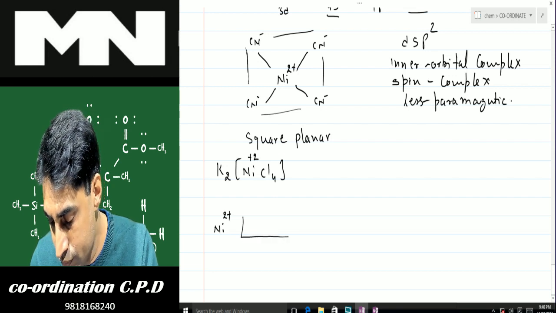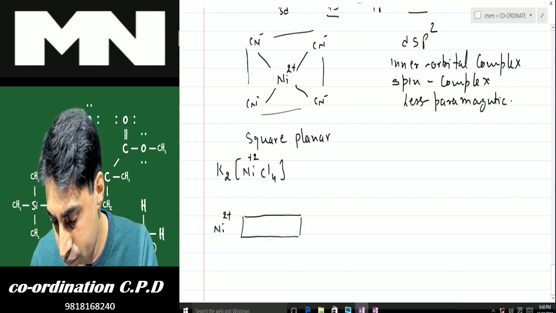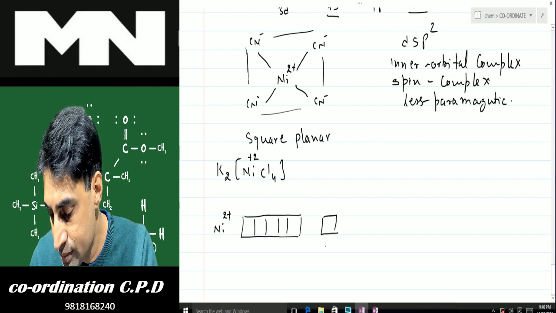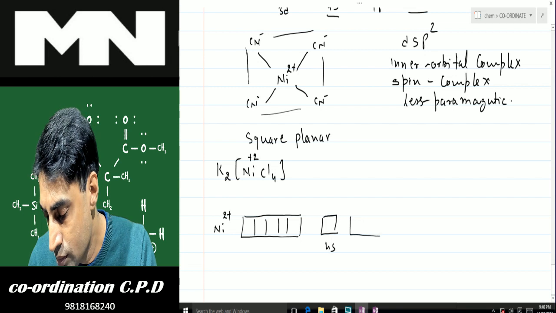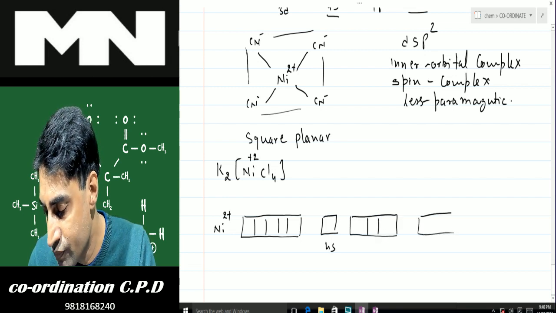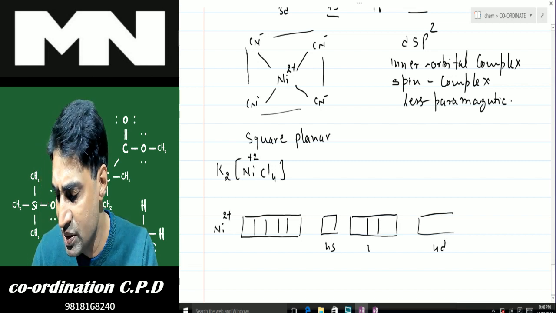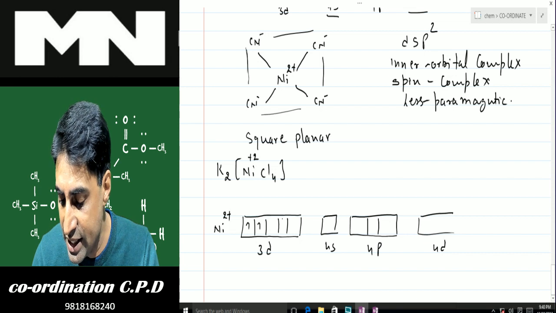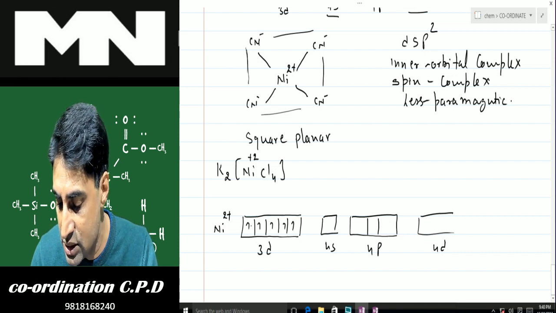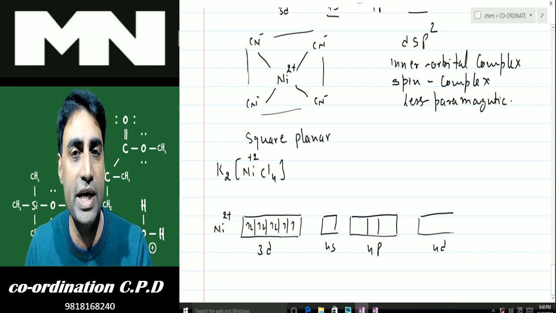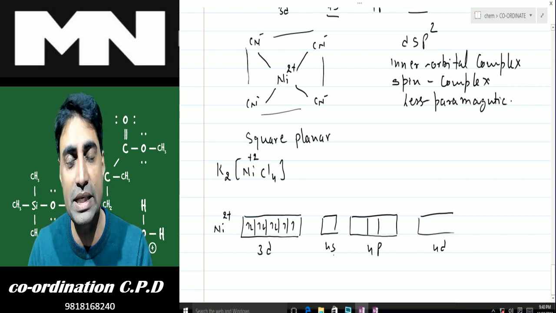You have 3d, you have 4s, you have 4p, and then you have 4d. We need not worry about 4d. This is 3d. Again, scandium, titanium, vanadium, chromium, manganese, iron, cobalt, nickel. This is the configuration of Ni2+ ion because no electrons in the s.